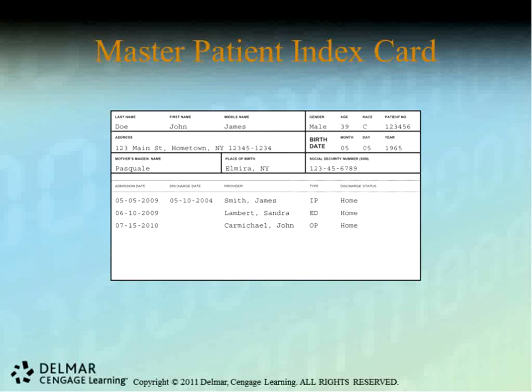All right? The book also tells you about typical information that is included in an MPI, talking about the patient demographic information: name, address, social security number, date of birth. You also have admission and discharge dates, the medical record number, the facility's information, and what type of patient they are, indicating the type of care they have received.